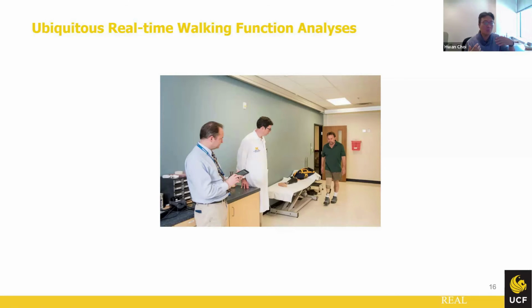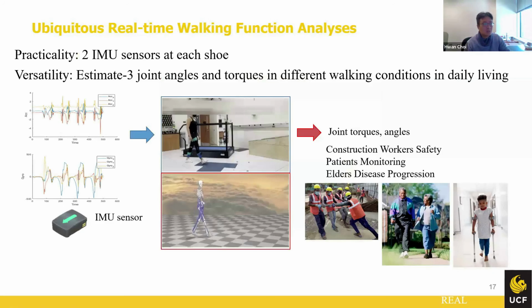So we need to monitor whether they walk well or badly. Evaluating their motion is very challenging, because a typical motion capture system is spatially and temporally limited. So that's why we developed a machine learning algorithm that uses two IMU sensors on the foot, and then figures out the joint angles and the joint torques.